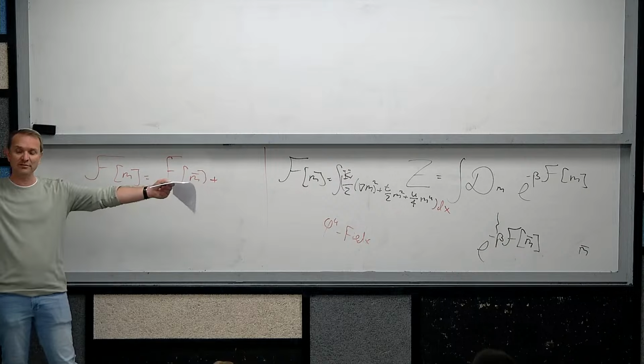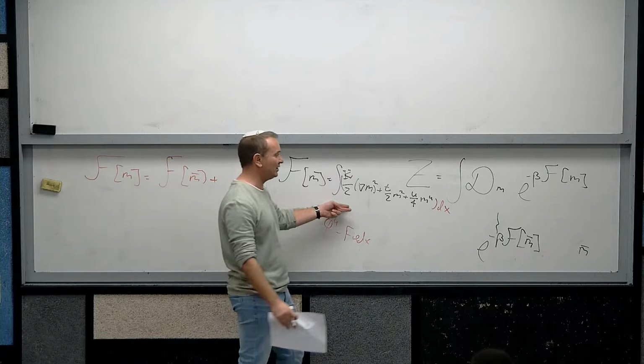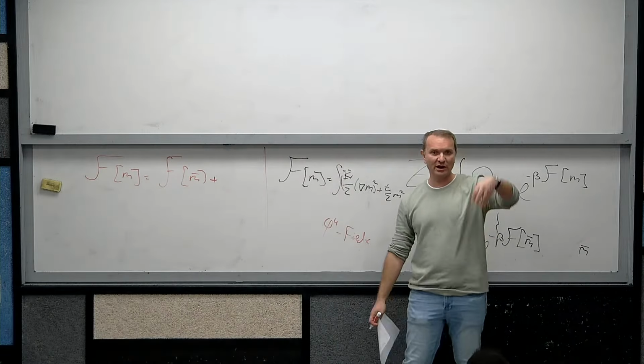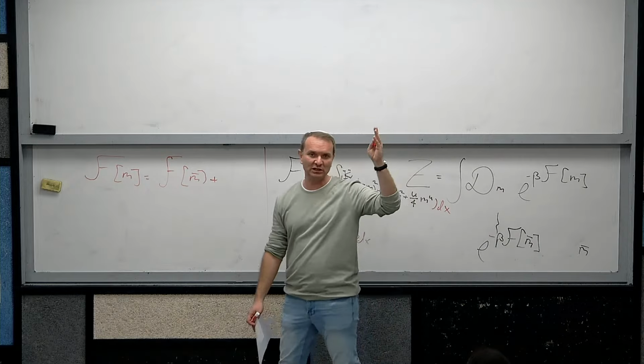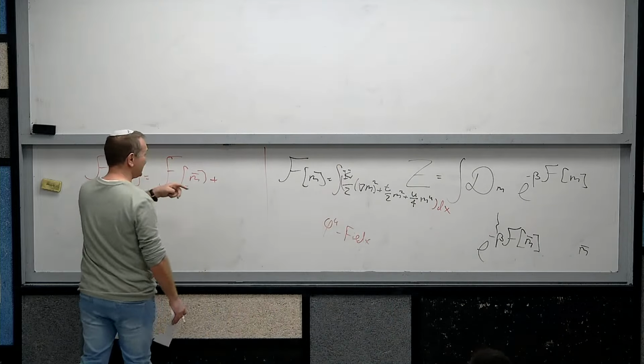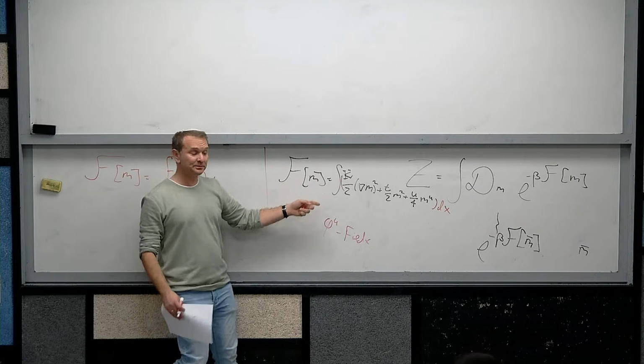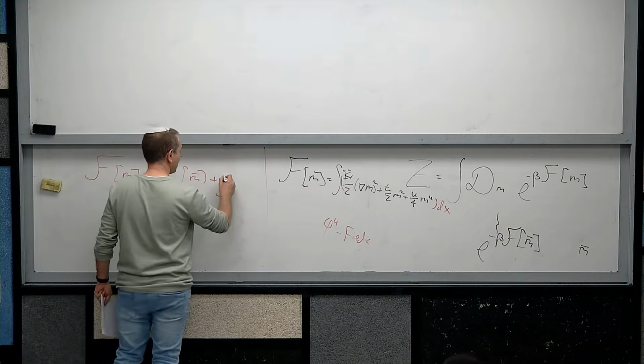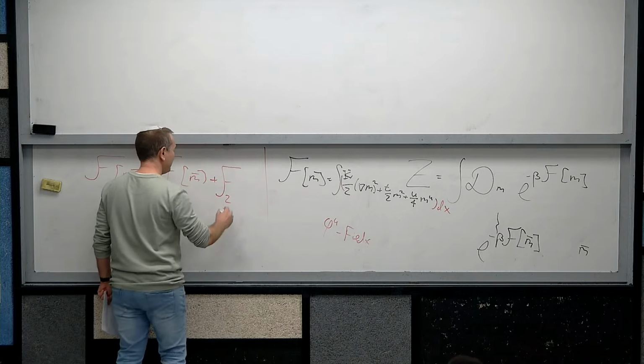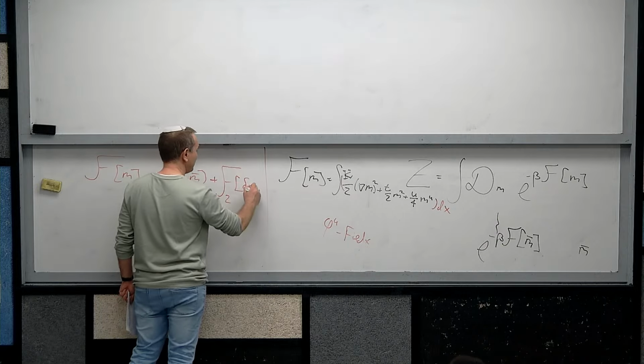So we expanded the field, we expanded whatever stood over here up to a second order. We neglected any orders that were higher, okay? And since it's a minimal value, you don't have first order at all. And this term we called f2 of delta m.